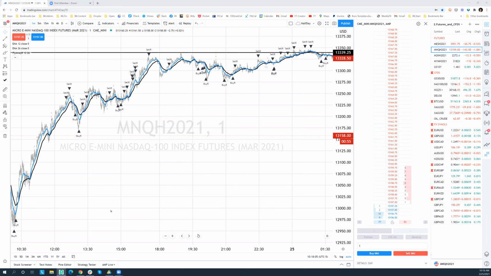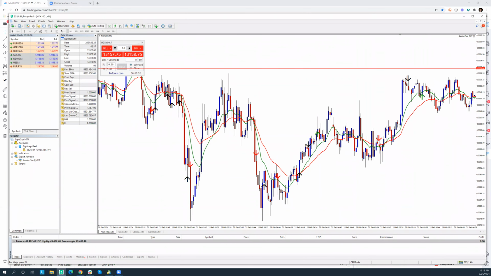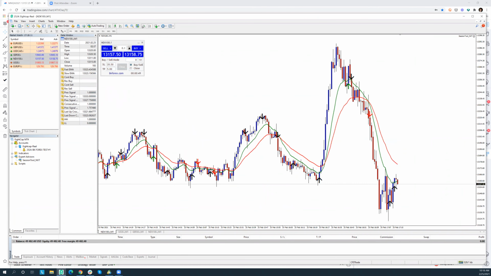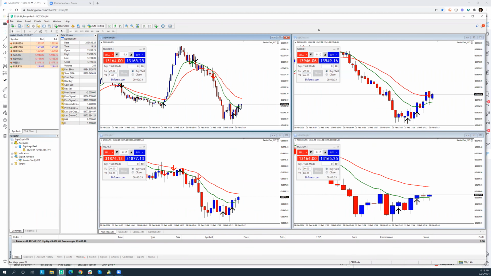Let's go back and see if we got trade setups here. I'd like it to go deeper. I think I have to be more conservative here.